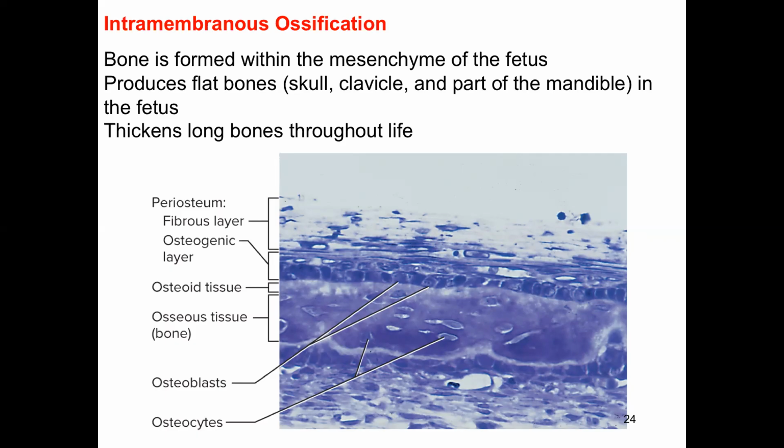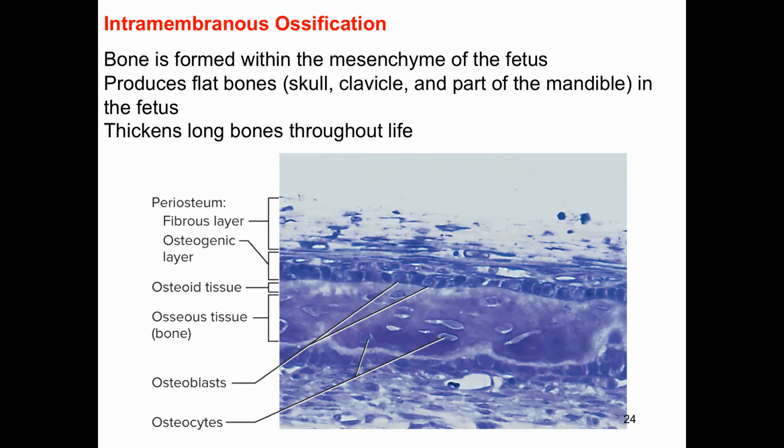The osteoblasts are going to secrete the osteoid, which is then going to be mineralized, and it's going to trap those osteoblasts in there and get osteocytes. Then blood vessels are going to be attracted into that tissue. Intramembranous ossification is also important for bone thickening throughout life. But in general, it's something that you identify with what's happening in the fetus.